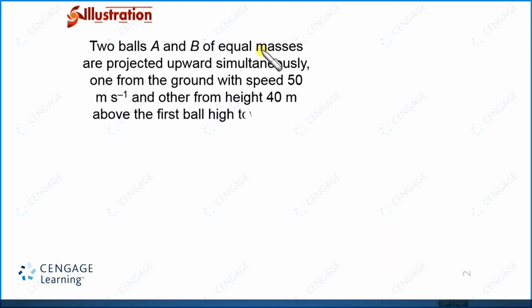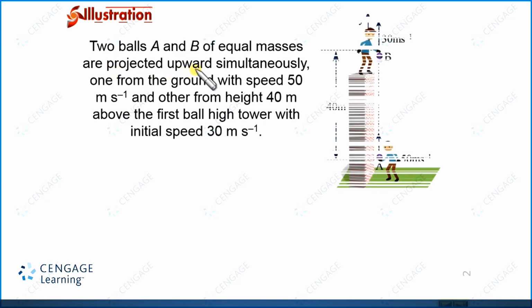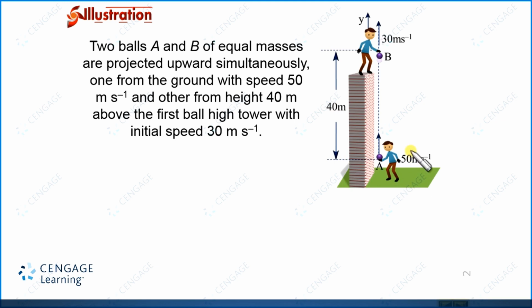In this illustration it is given two balls A and B of equal masses are projected upward simultaneously, one from the ground with speed 50 meter per second, that is in the upward direction. You follow the diagram. And second from the top of a building of height 40 meter, and it is also projected in the upward direction with speed 30 meter per second.